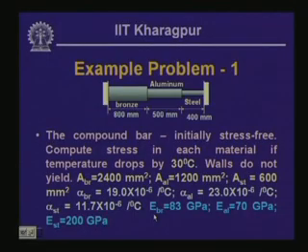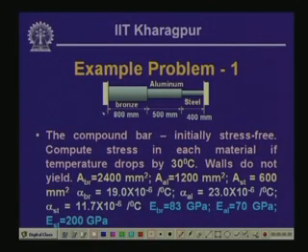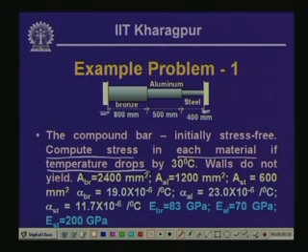Well, having looked into this, let us look into the problems. One problem which I had posed last time is the compound bar, which is made out of bronze, aluminum and steel, supported between these two supports, and the stress in each of these materials is to be computed because of the drop in the temperature by 30 degree centigrade.